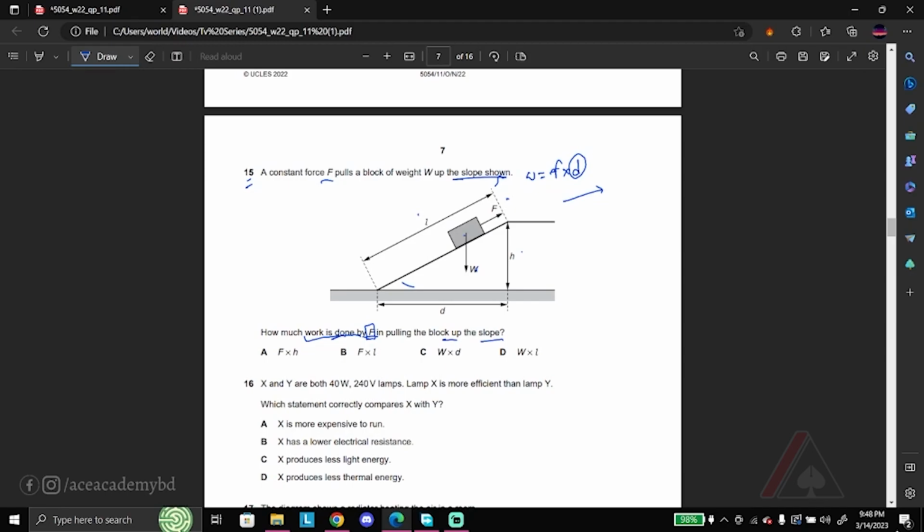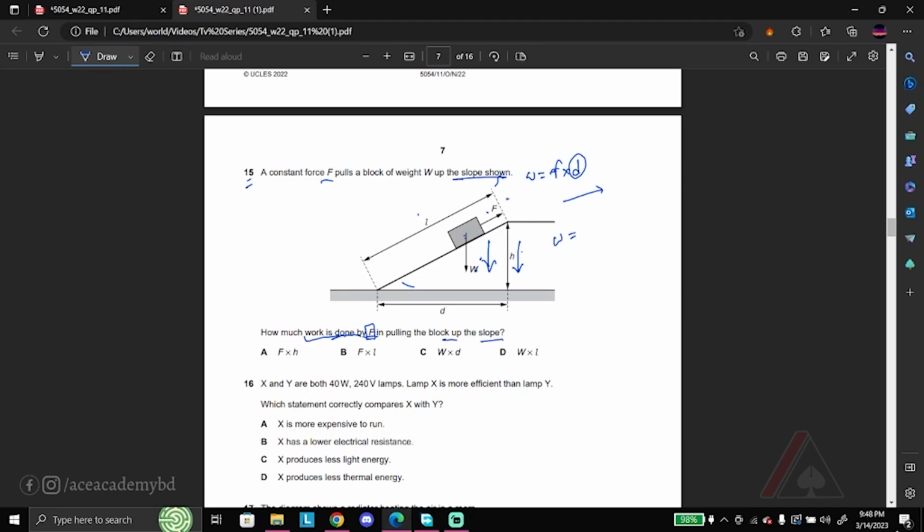So let's see up here. We have two forces, F and W, to consider. If we look at W, the force on the object is downwards. But we see that the object doesn't move downwards, so it doesn't travel the length of h.